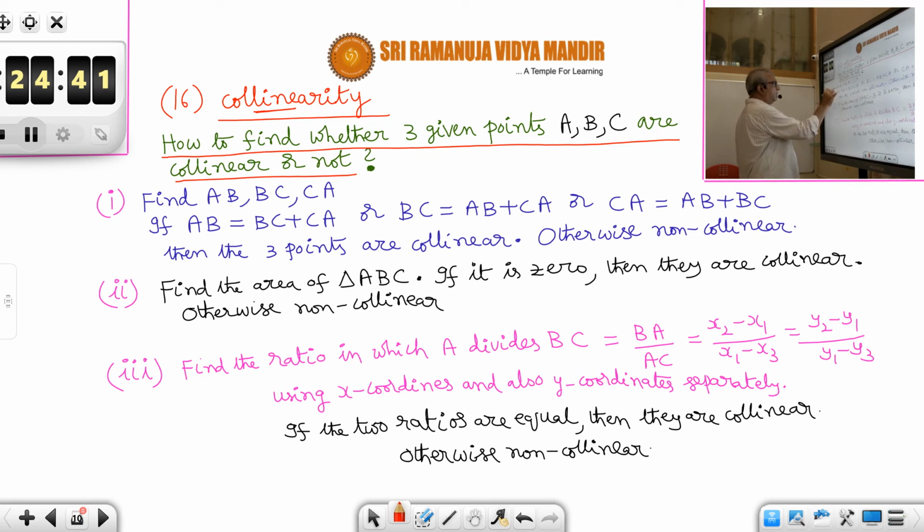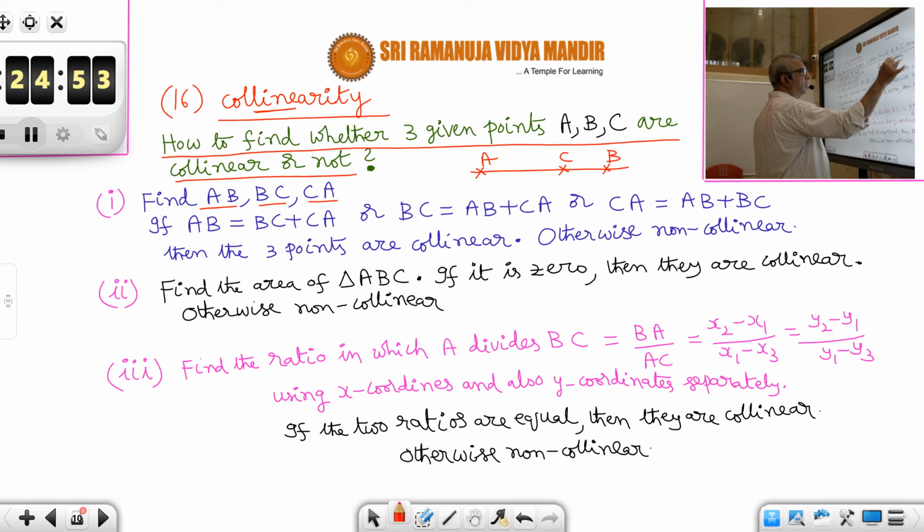First, find AB, BC, CA. The distances you can find. Suppose 3 points are collinear like this: A here, C here, B here. Then clearly the distance AC plus the distance CB will be equal to the distance AB.